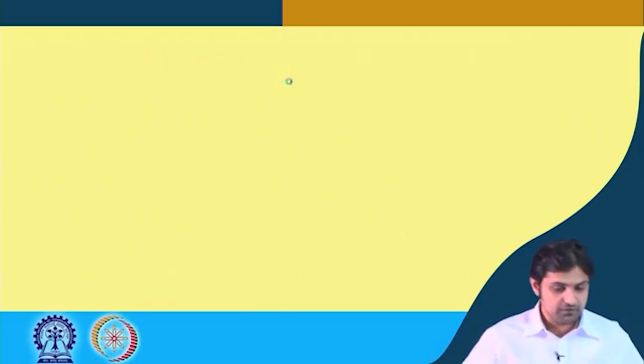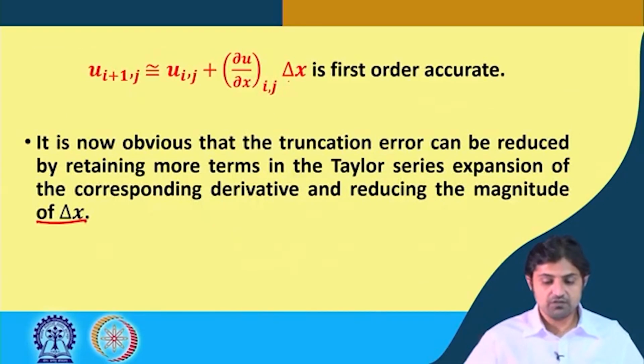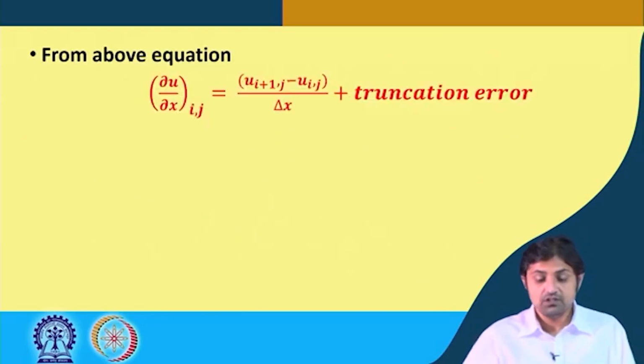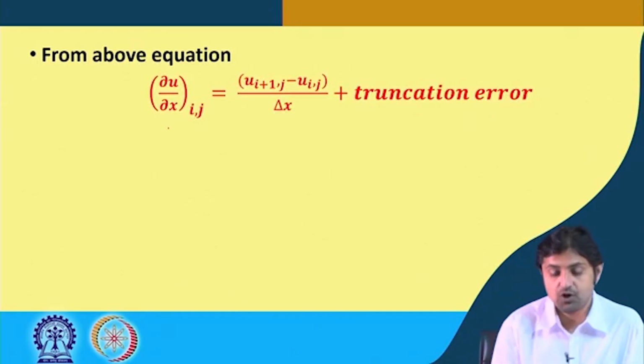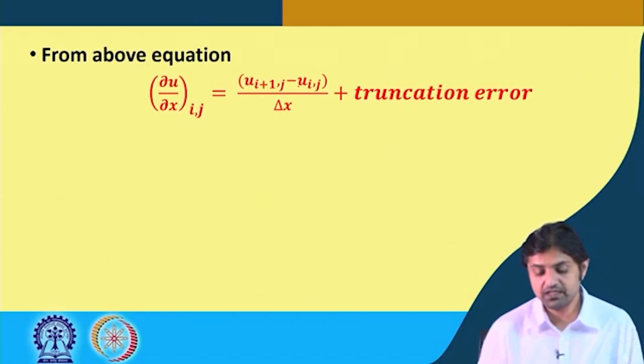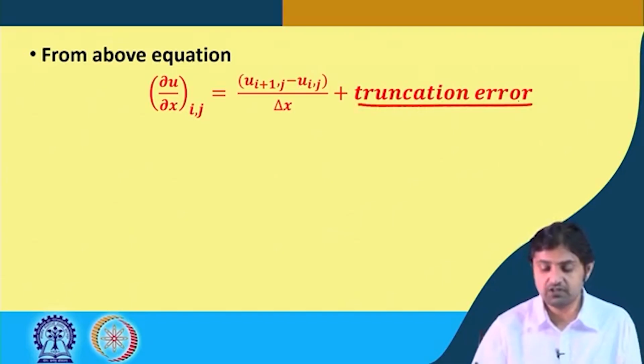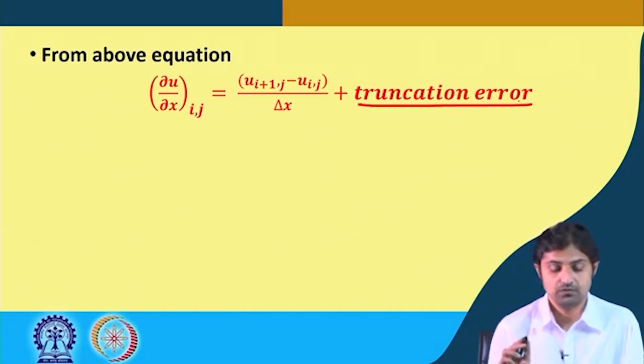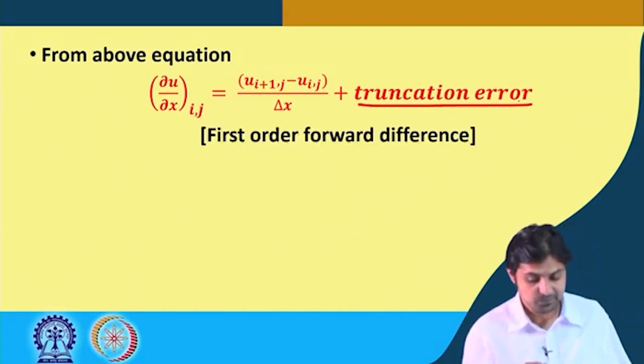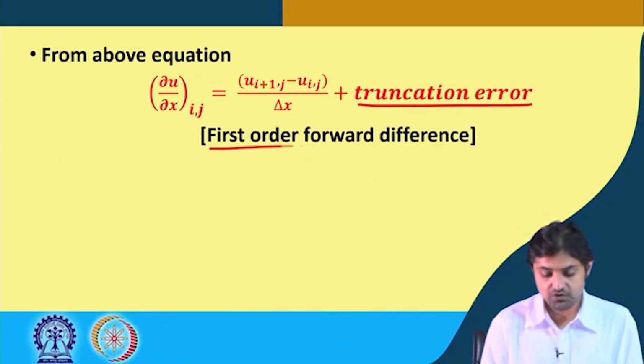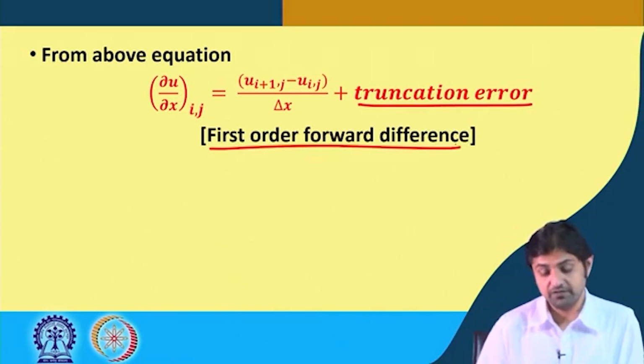So, from the above equation, the first order and the second order equation, we can evaluate del u del x at i,j, which means u of i+1,j minus u of i,j divided by delta x plus truncation error, whatever we have left out. So, this is actually called the first order forward difference.